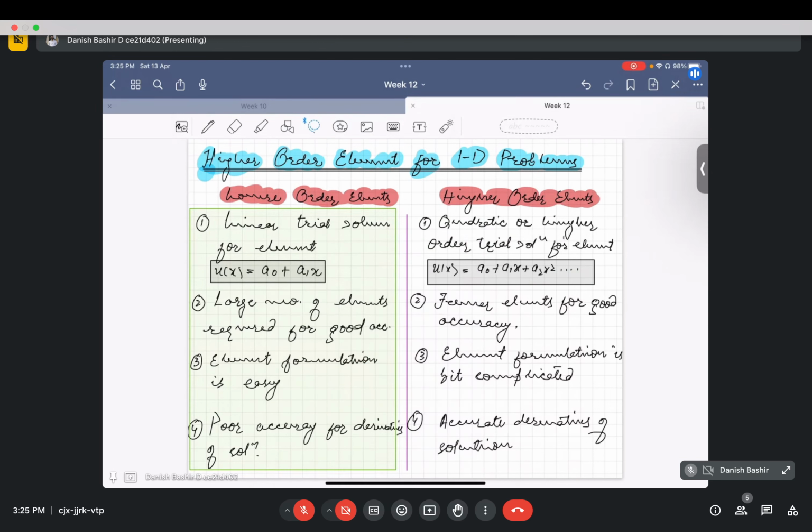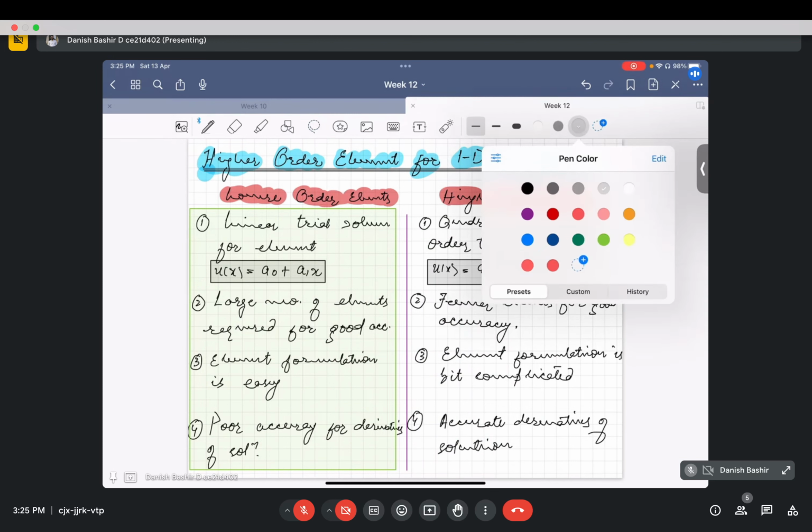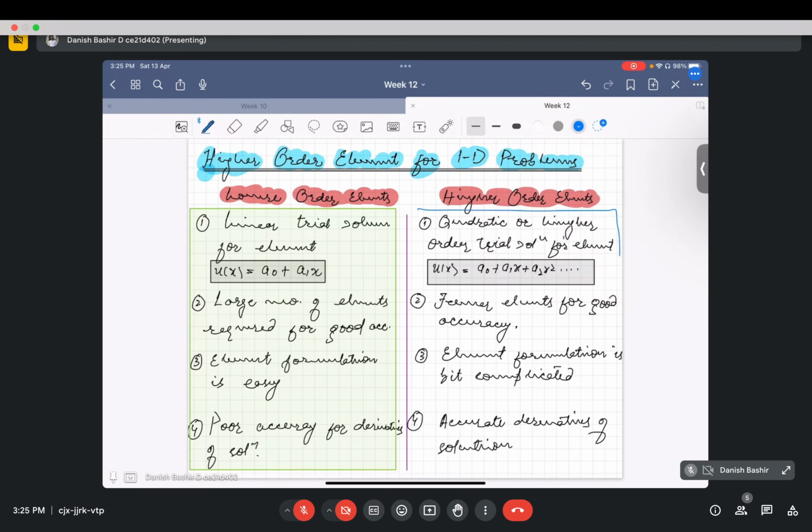This is your lower order elements, and this is your higher order elements. I hope the difference is clear to you guys.